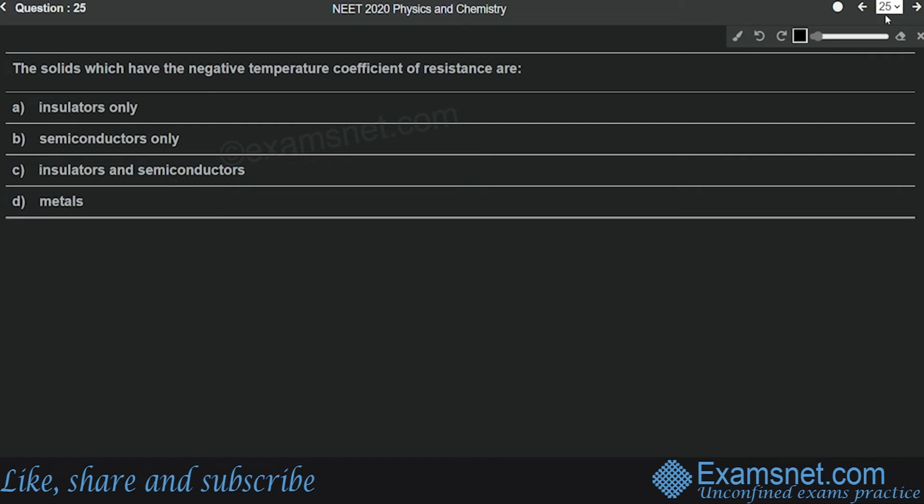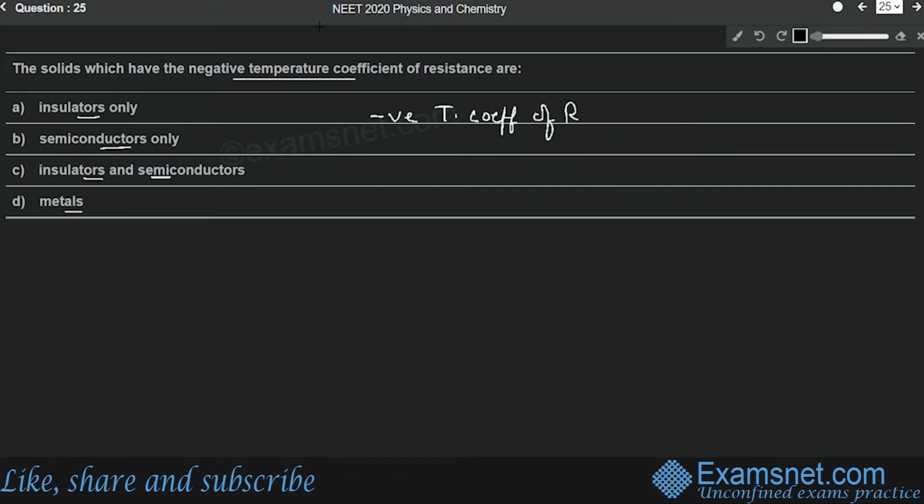Question number 25 is from the chapter Current Electricity, and the question is, the solids which have the negative temperature coefficient of resistance are, options are insulators only, semiconductors only, insulators and semiconductors, and the last one is metals. Okay, so what is meant by negative temperature coefficient of resistance?